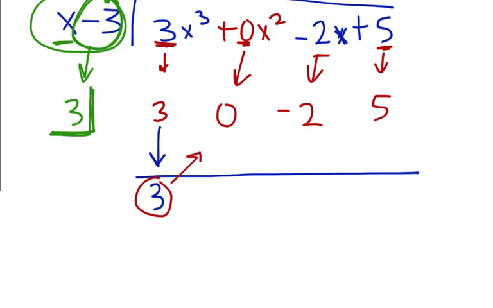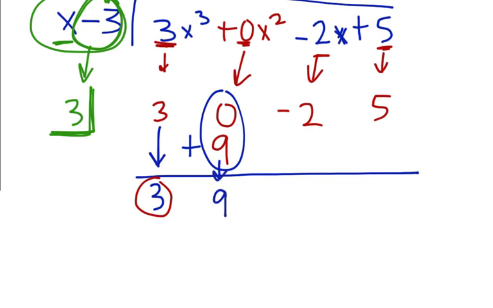I write that right here. So again, I took the 3, times this 3, and that gave me my 9 that I put right there. Now, the next step is to take these two numbers, the 0 and the 9, and just add them. And that gives me 9.